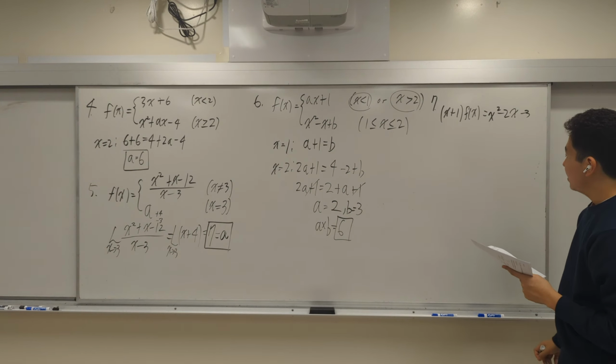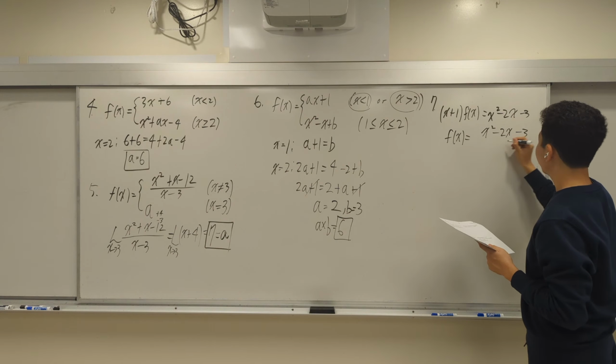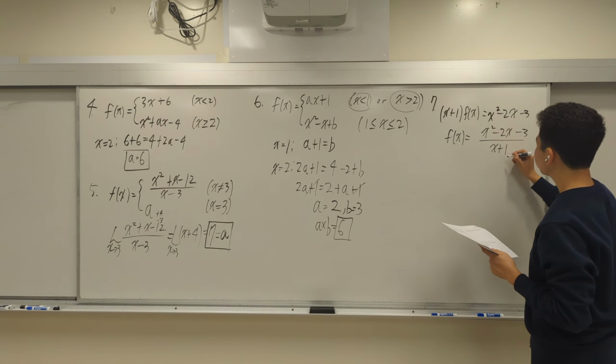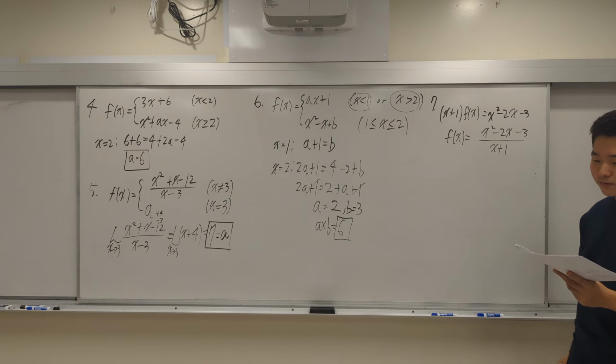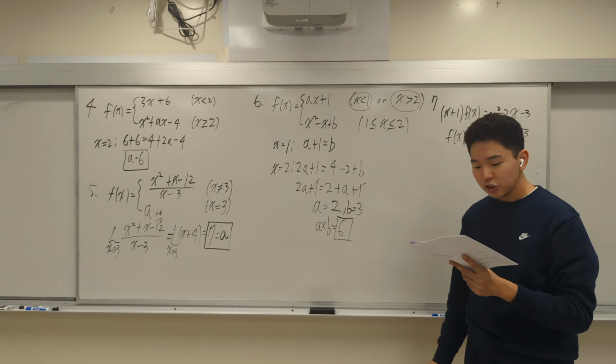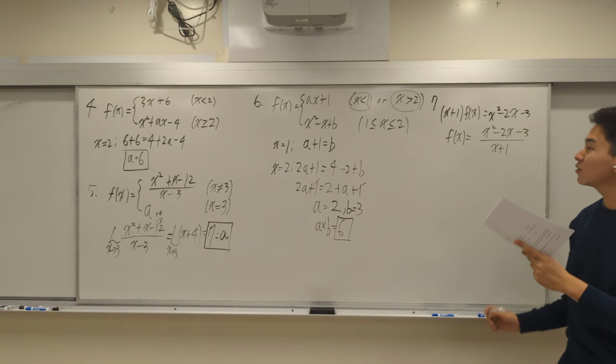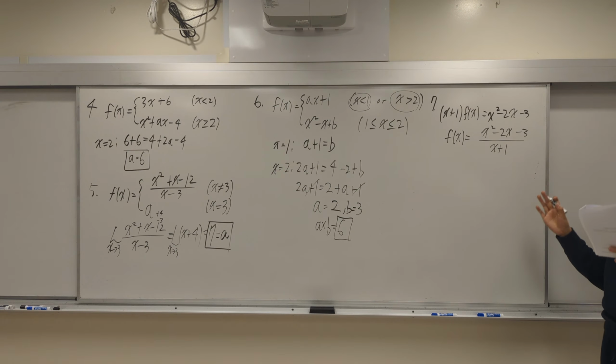But what we can do is rearrange this into f of x equals x squared minus 2x minus 3 over x plus 1. And suddenly you've got a really familiar looking rational expression. Remember that this function is continuous on the set of all real numbers, so the function value has to equal the limit value.